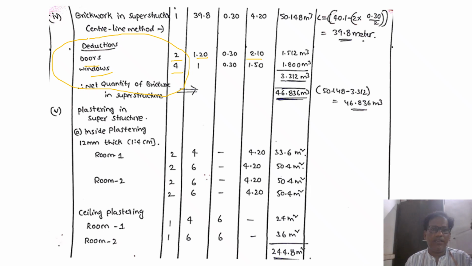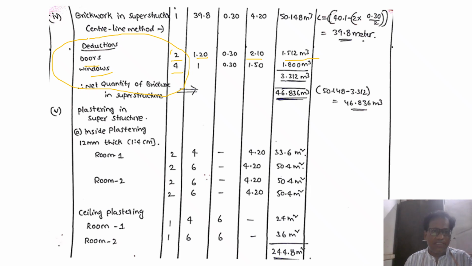So their volumes: 1.2, 0.3, 2.1, and 2 of them, so finally we get 1.512. This is for doors. In similar lines we calculate for windows, add them, and finally we get the net quantity of brickwork in superstructure. This is about brickwork in superstructure using the centerline method.